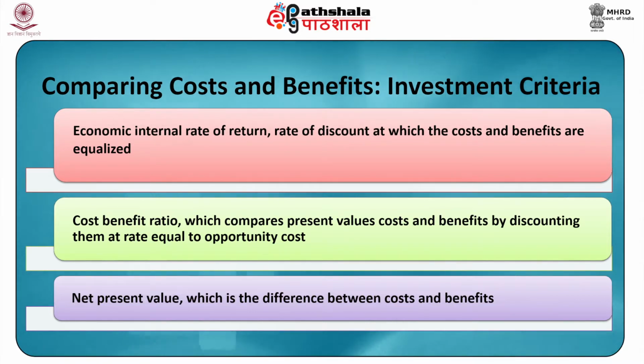1. Economic internal rate of return, the rate of discount at which the costs and benefits are equalized. 2. Cost benefit ratio, which compares present value costs and benefits by discounting them at rate equal to opportunity cost. 3.